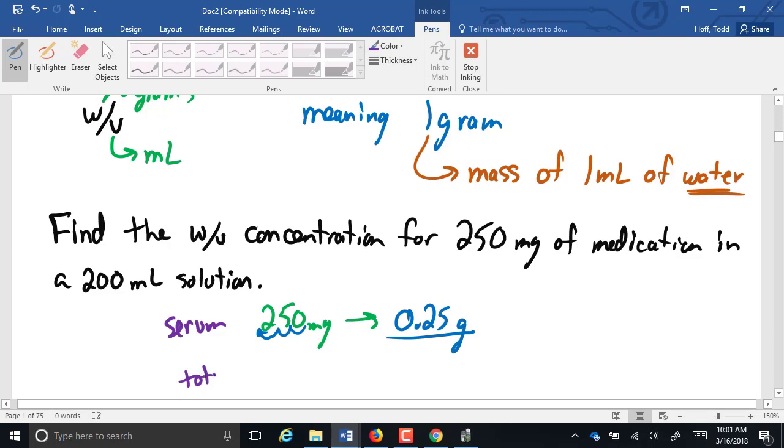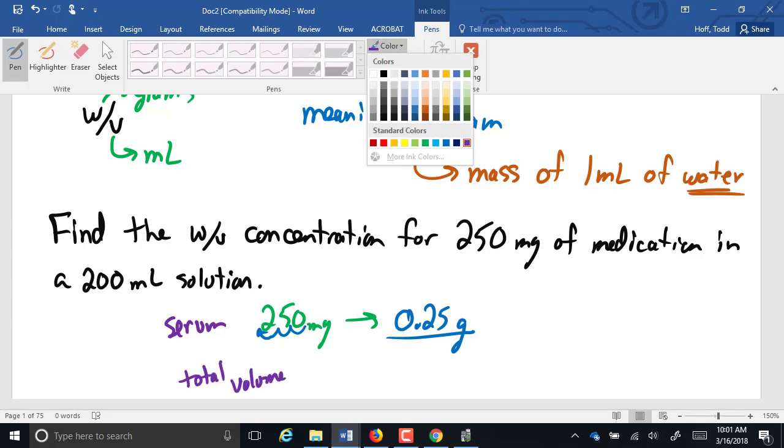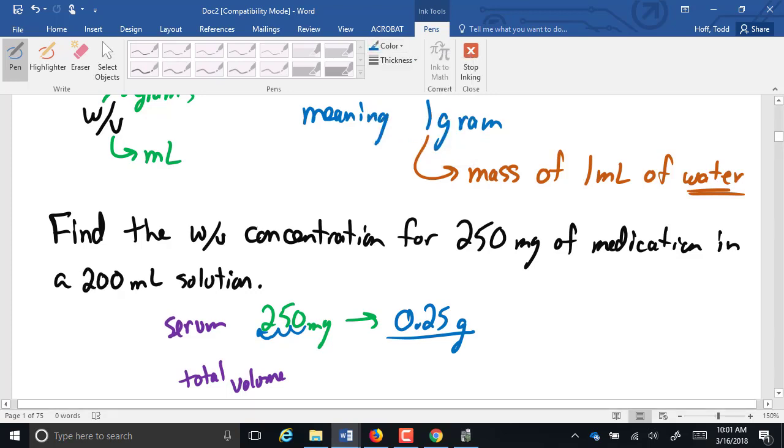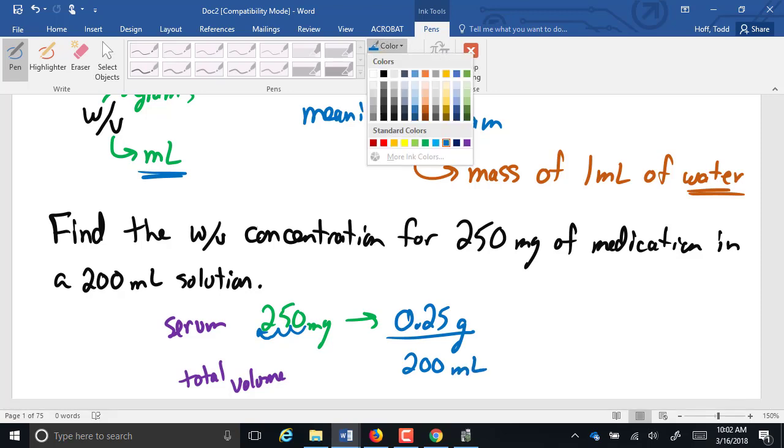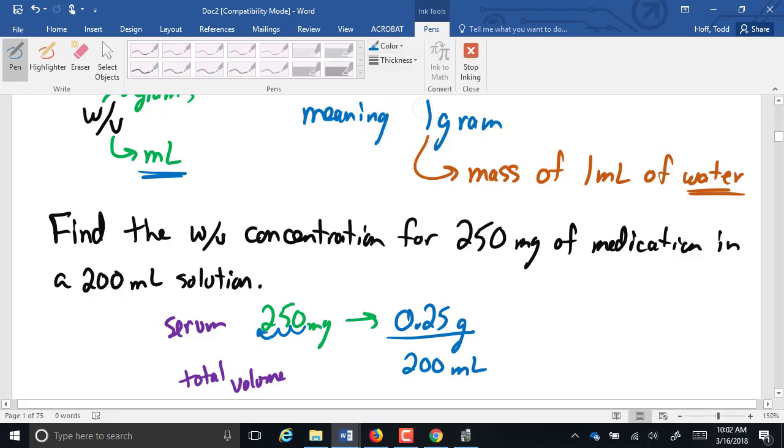So then we need our total volume, which is going to stay milliliters. So that is 200 milliliters. Because it has to be. Because remember, a gram is equivalent to 1 milliliter. Now it does get confusing because you want to link milligrams and milliliters because they're both milli, but it's 1 gram to 1 milliliter.